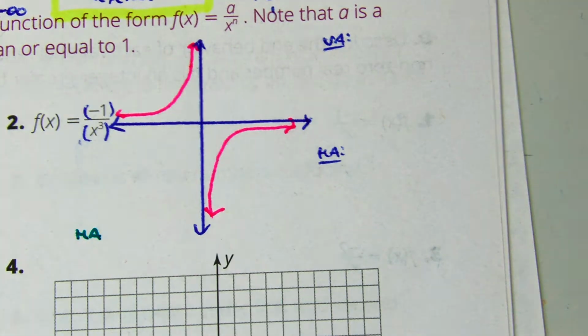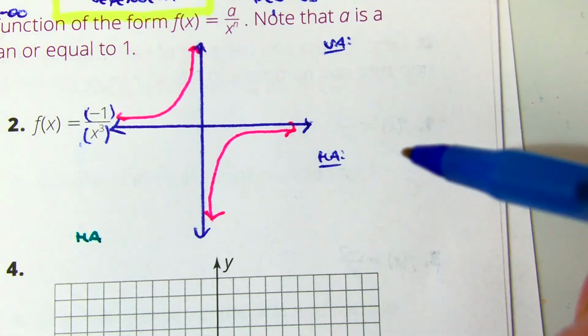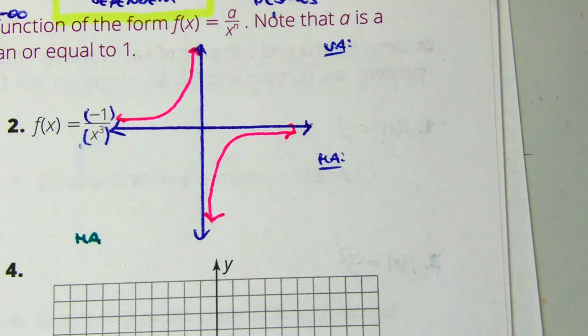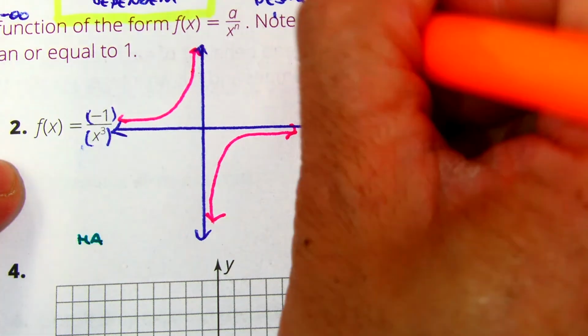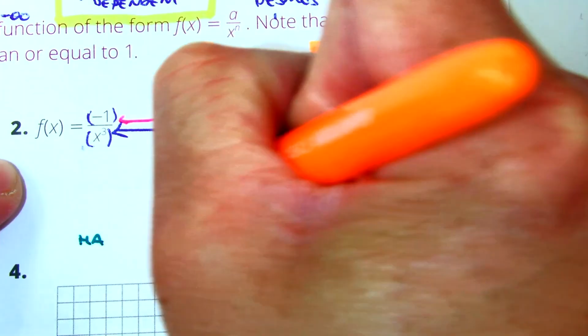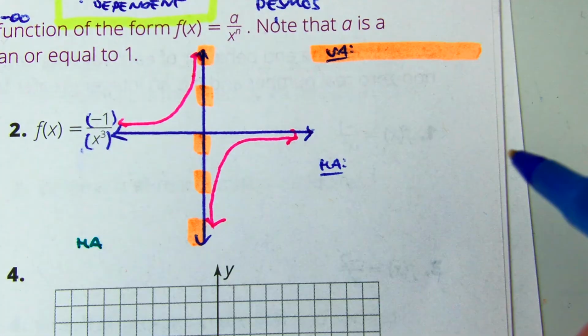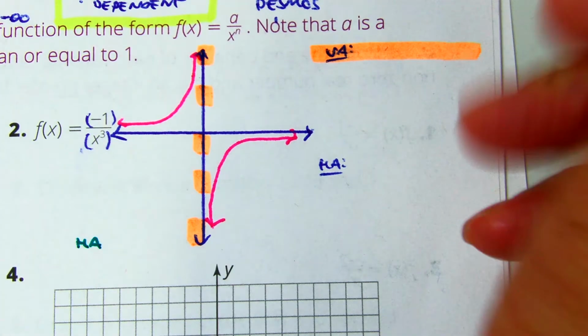Marisol, go ahead and pick one. Vertical or horizontal? Vertical asymptote? Marisol, what is your equation for the vertical asymptote? Okay, 0. Which one?